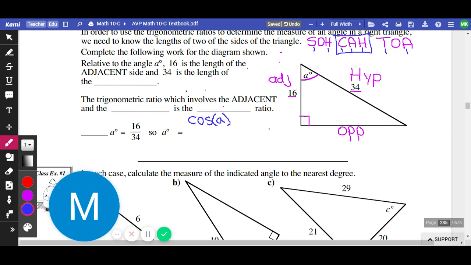So that means cosine of angle A equals adjacent side divided by hypotenuse side. In this case, adjacent is 16. Hypotenuse is 34. So I have cos of A equals 16 over 34.